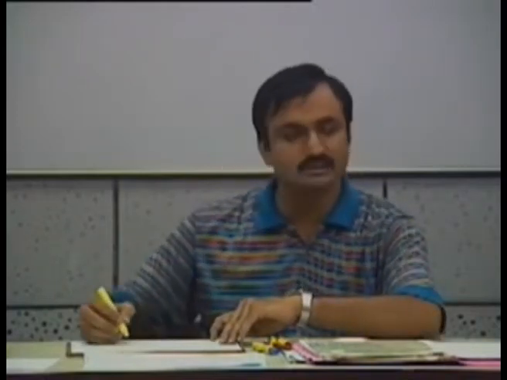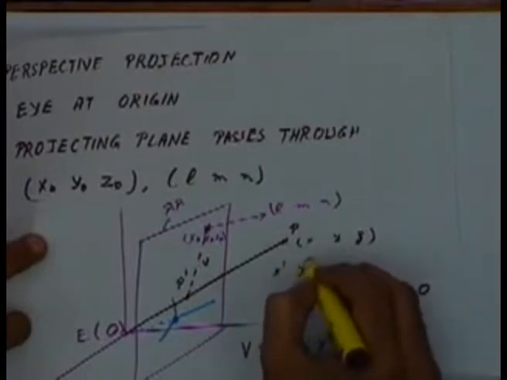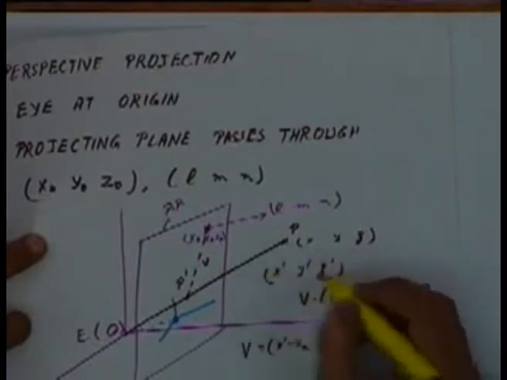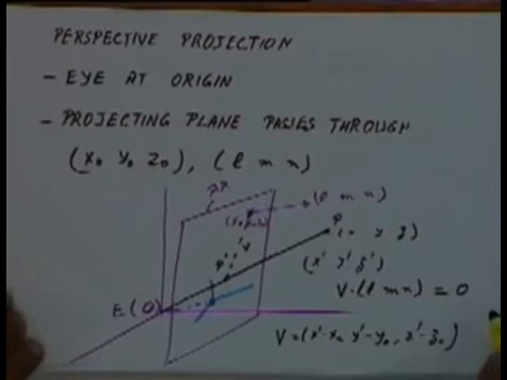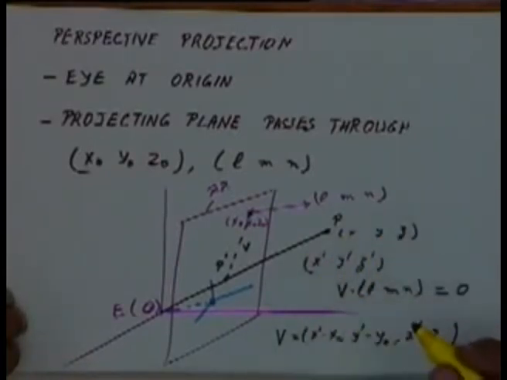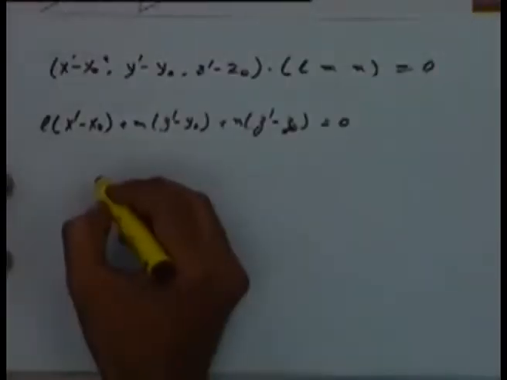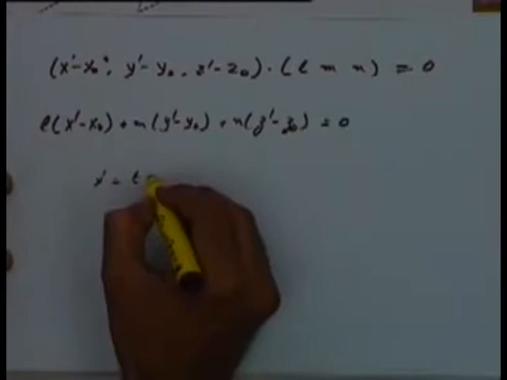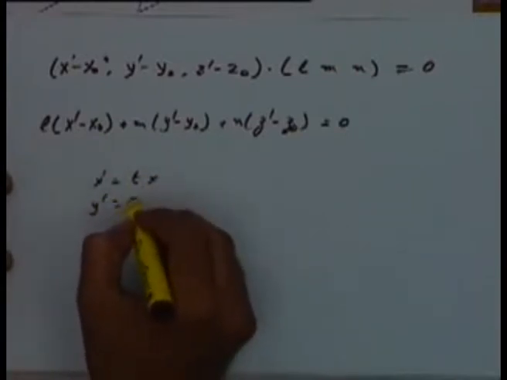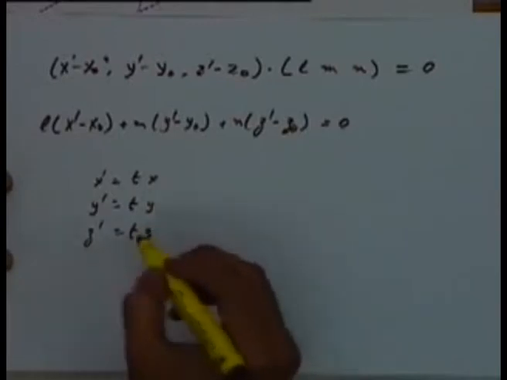So if we take any point on this line, given by, let's say, x prime, y prime, z prime, then x prime by x will be equal to y prime by y will be equal to z prime by z. Or we can say x prime will be equal to t times x, y prime will be equal to t times y, and z prime will be equal to t times z.